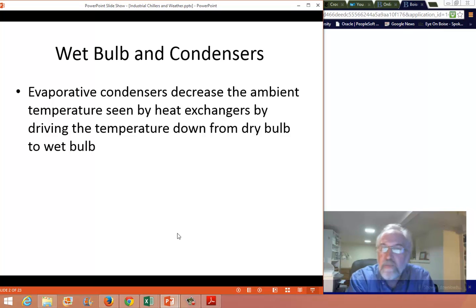So we talked about the wet bulb temperature, which is a function of the dry bulb temperature, the normal temperature, and the relative humidity. It changes through the course of a day. And evaporative condensers create a microclimate, an environment inside the condenser that is essentially driven towards the wet bulb temperature.